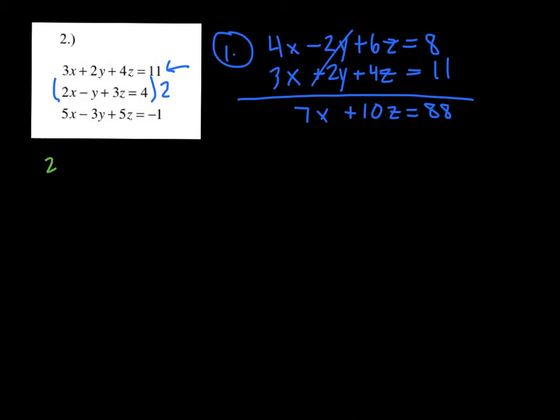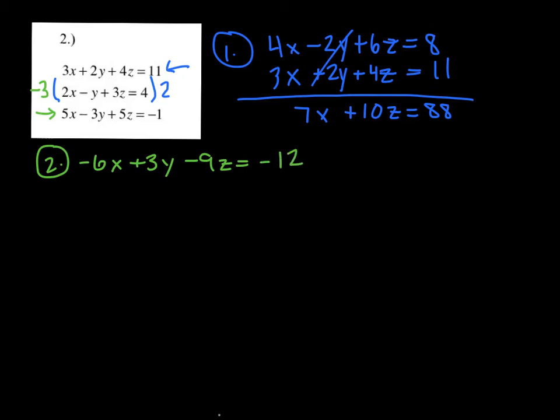Second one, I'm going to use that same equation again, but this time I'm going to multiply it by -3 so that it becomes positive 3y to eliminate with that negative 3y in the third equation. So negative 3 times that whole middle equation, so negative 6x plus 3y minus 9z equals negative 12.